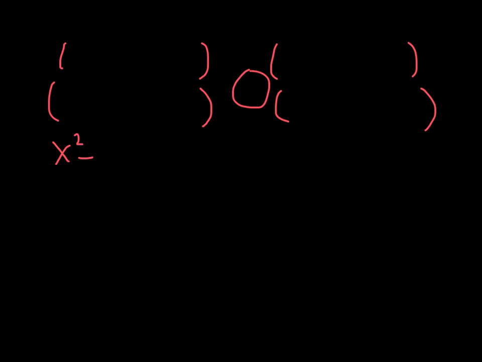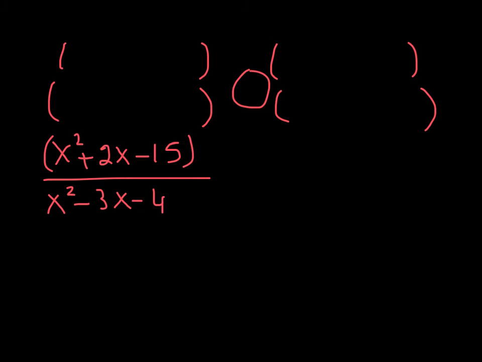Number 10. Because we're dividing, I want you to put parentheses around all the quantities, and then rewrite the problem, changing division to multiplication. So the first ratio stays the same, x squared plus 2x minus 15 over x squared minus 3x minus 40.